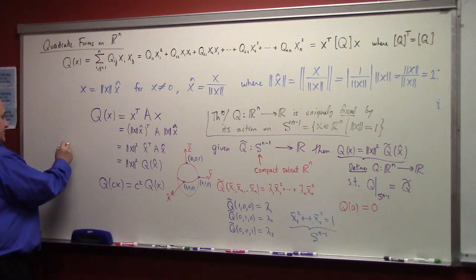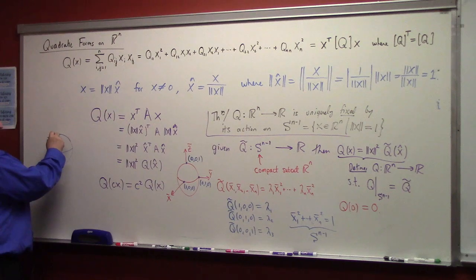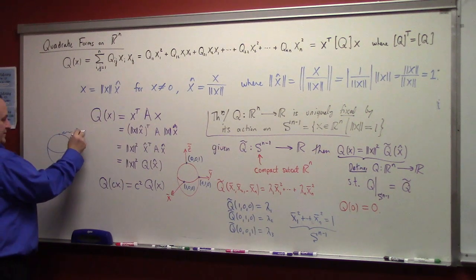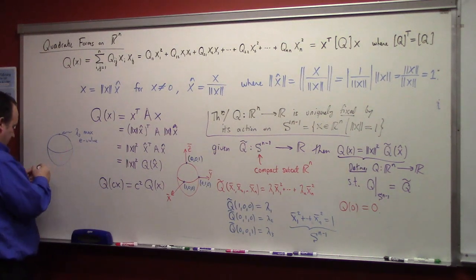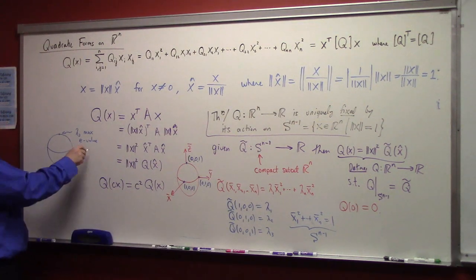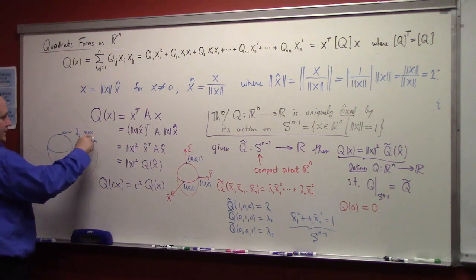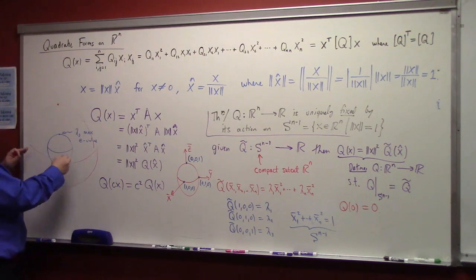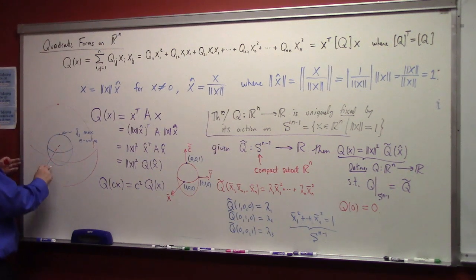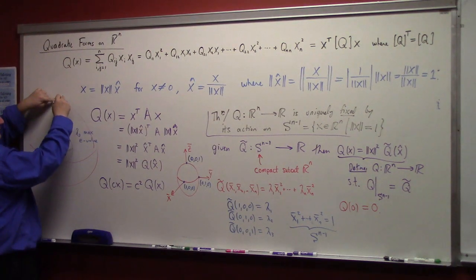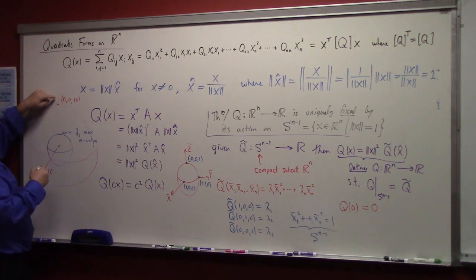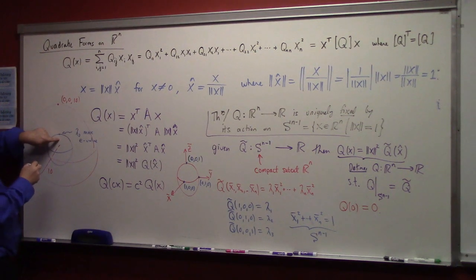What I'm trying to say is, if lambda 3 is the max eigenvalue, and I'm trying to find the maximum on a ball of radius 10 or whatever, it's going to happen there. That's going to be where it happens if 0, 0, 1 is where the maximum eigenvalue was.